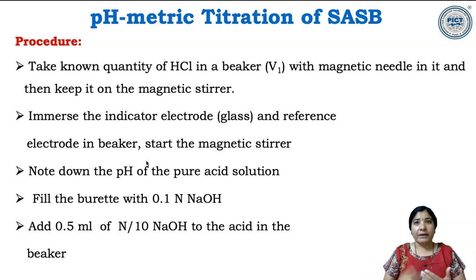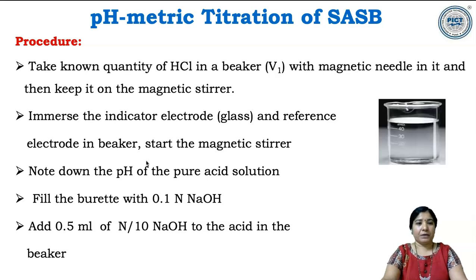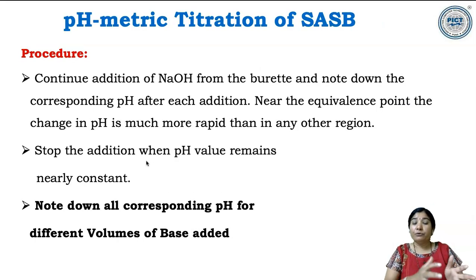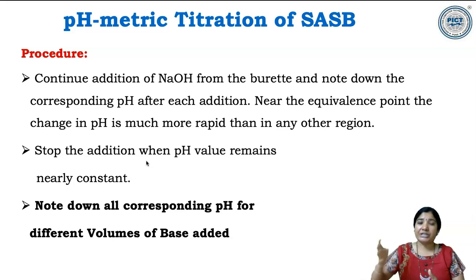Let's say add 0.5 ml at a time to the acid in the beaker. Once we do that, we continue the addition of NaOH from the burette and note down the corresponding pH after each addition.